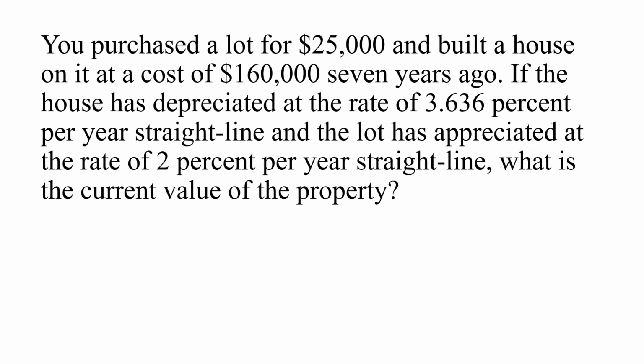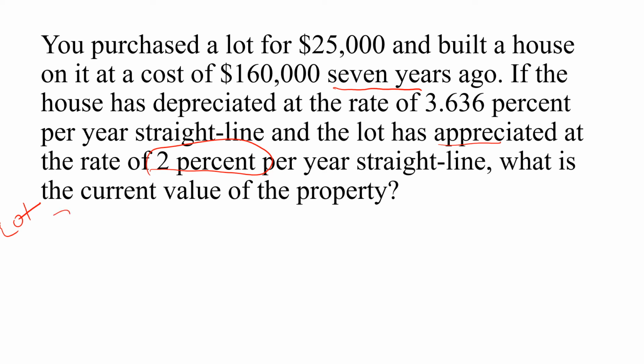You purchased a lot for $25,000 and built a home on it at a cost of $160,000 7 years ago. If the house has depreciated at a rate of 3.636% per year straight line and the lot has appreciated at a rate of 2% per year straight line, what is the current value of the property? Again, let's start with the lot. So we've got 7 years, house depreciated, but the lot has appreciated at 2%.